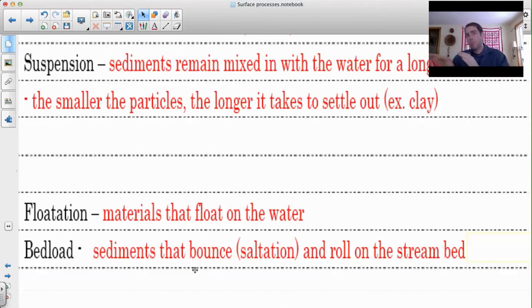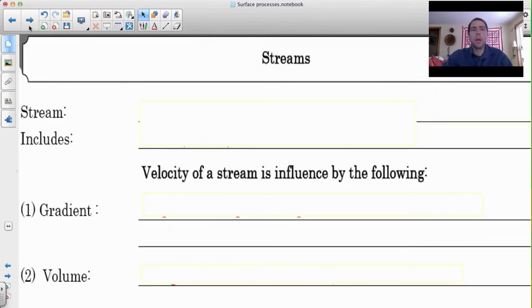And as that stream is flowing, the particles get pushed at the bottom, and they're just bouncing and rolling on the stream bed. And you can imagine that as they're bouncing around, pieces are getting broken off, and that's part of that abrasion where rocks are rubbing into one another, bouncing into one another, and that's how they get rounded and smooth. It's not the water that's actually doing the polishing. It's the other rocks that are hitting it and causing it to be sort of smoothed out or sanded.